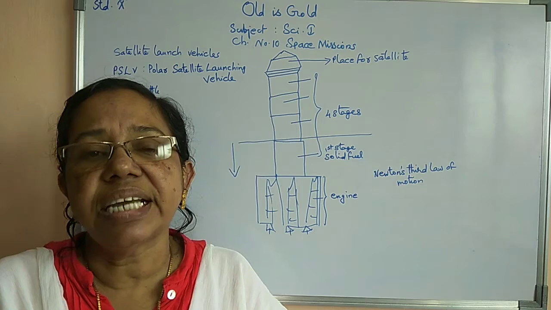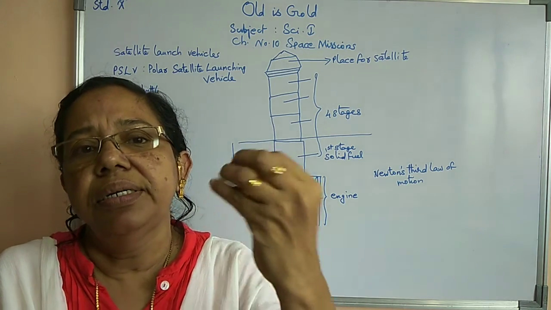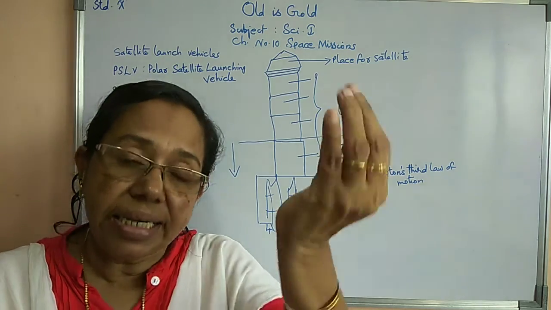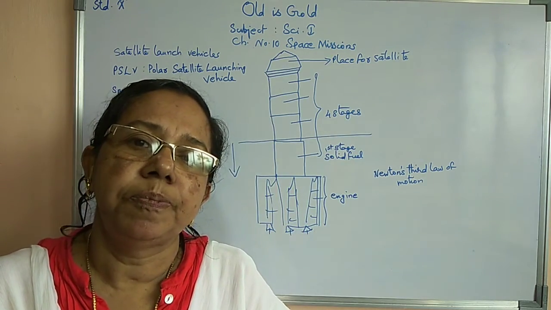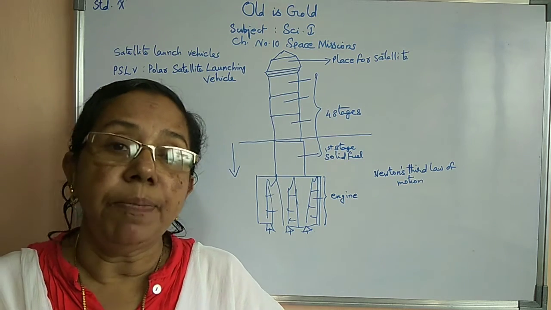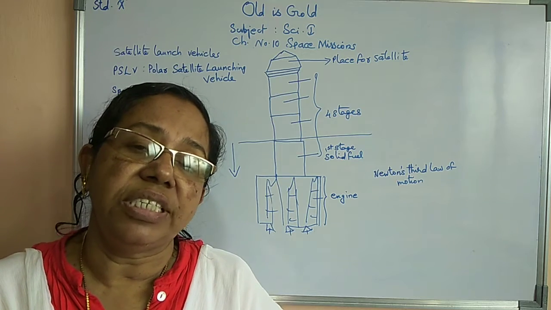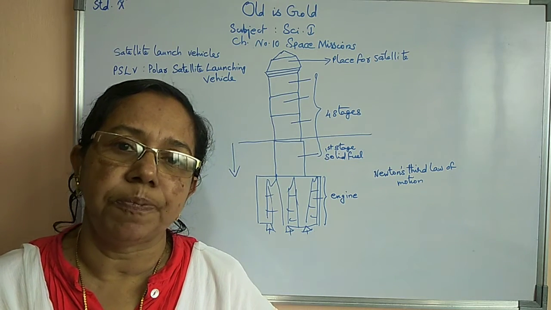So some parts will be discarded, but at the same time the main body will not be discarded. It can come back to the earth again. Because of that, we can say that the cost of production of the satellite launching vehicle can be reduced a little bit.